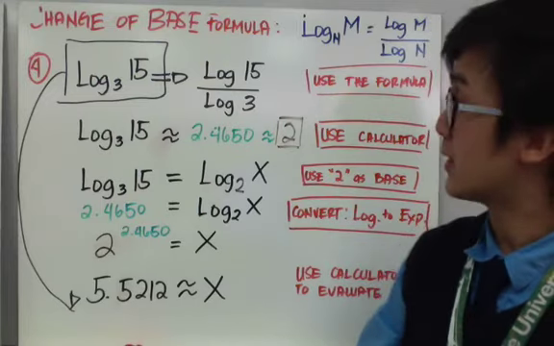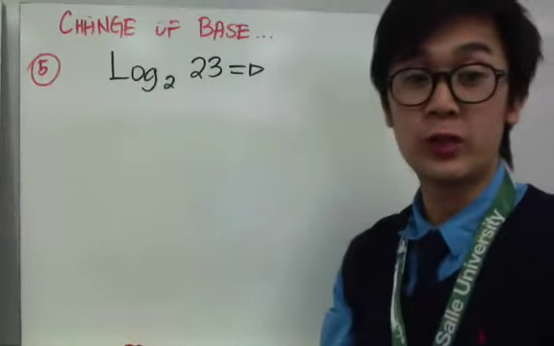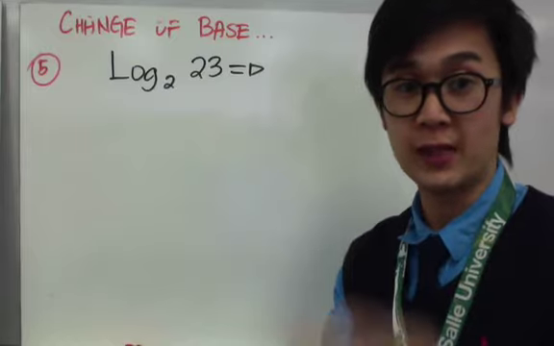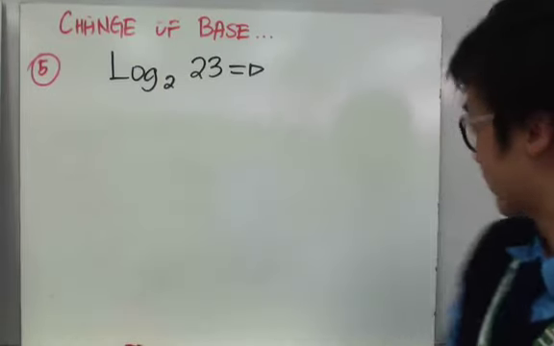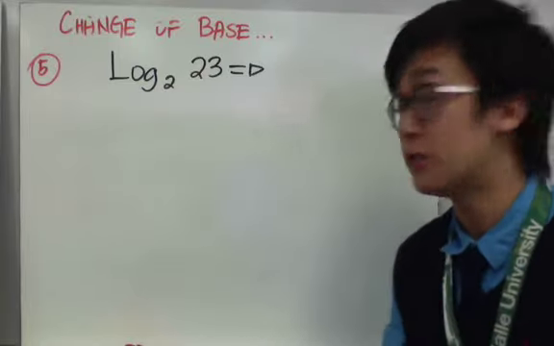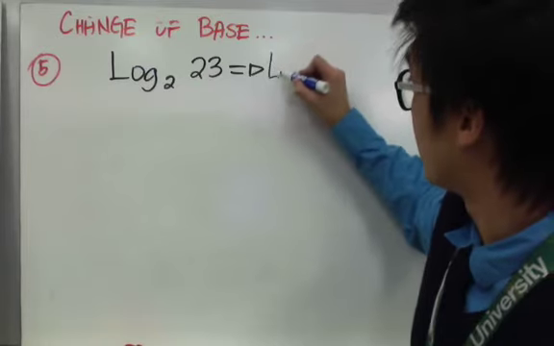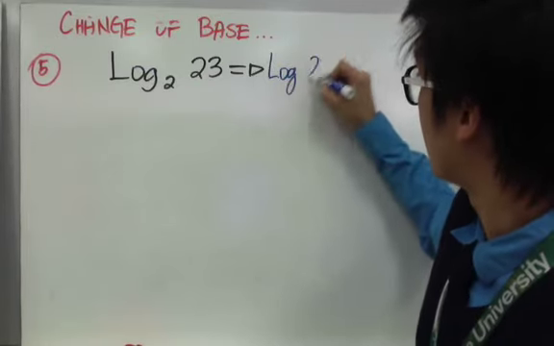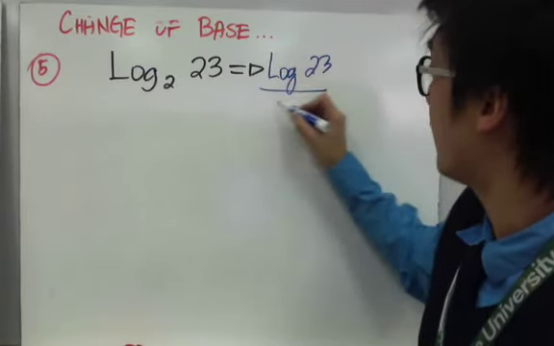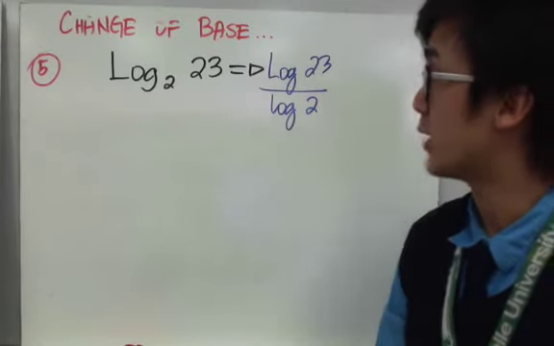Now let's have the last example. This time we're going to solve this from scratch. The first step is to use the change of base formula for the logarithm of 23 base 2. The logarithm of 23 divided by the logarithm of 2 using the change of base formula.